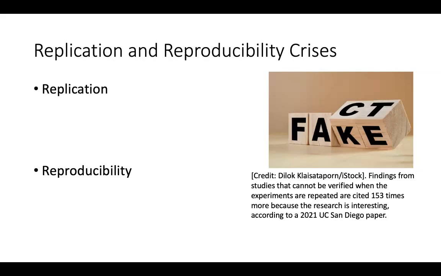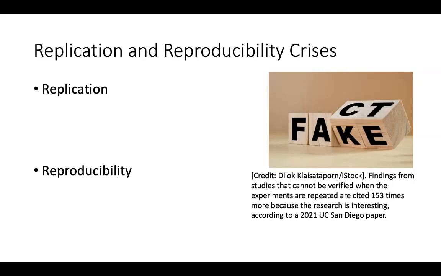And if it's reproducible, that means that you come out with the same results. And believe it or not, it's been found that sometimes it's impossible to reproduce findings in given studies, even when using the same data set and the same procedures for analyzing the data.